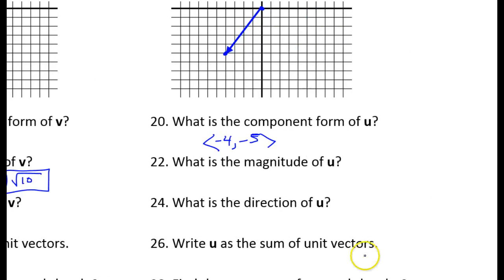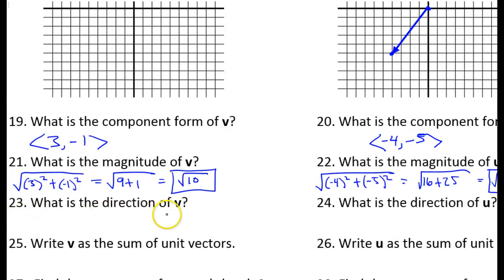And what is the magnitude of vector u? Same thing. -4 squared plus -5 squared. That's the square root of 16 plus 25. So that's going to be the square root of 41.